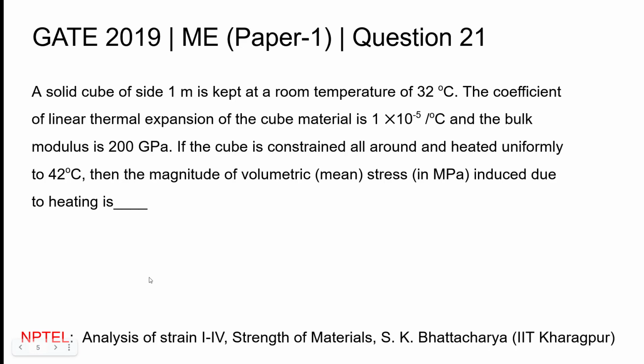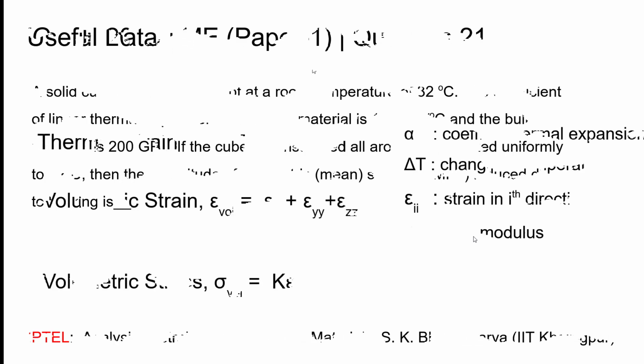If you want to check out more details about this kind of problems, you can see the NPTEL course Analysis of Strain 1 to 4 in Strength of Materials by S.K. Bhattacharya from IIT Kharagpur. So let's go forward and see how to solve this.